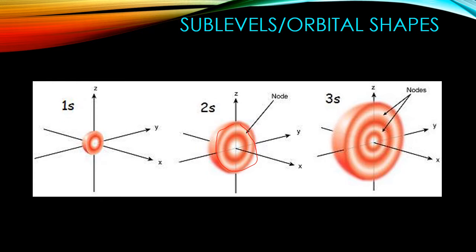It sits right on top of that 1s orbital. And a 3s orbital contains the 2s and the 1s. So every time you go up an energy level, the s orbital becomes larger, or rather the apartments get larger, but you still can only have 2 electrons in each orbital.